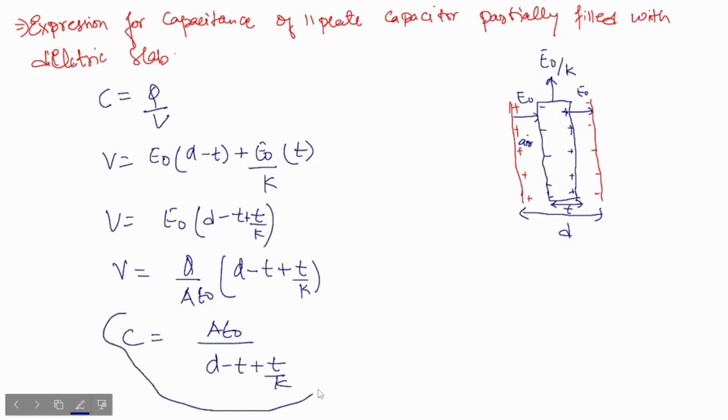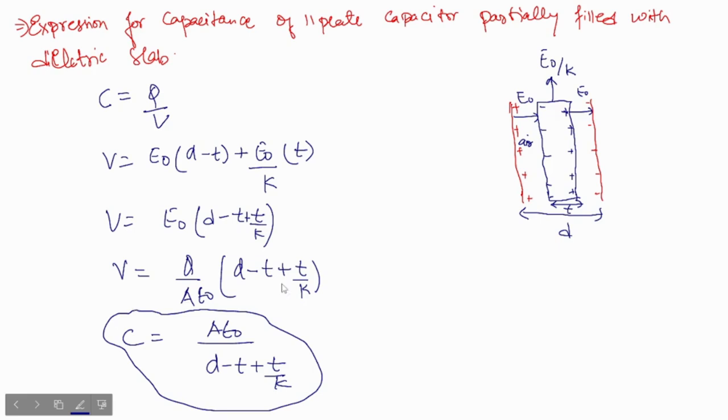This will be your capacitance for a partially filled dielectric, where t is the thickness of the dielectric, d is the distance between plates of the capacitor, and A is the plate area.